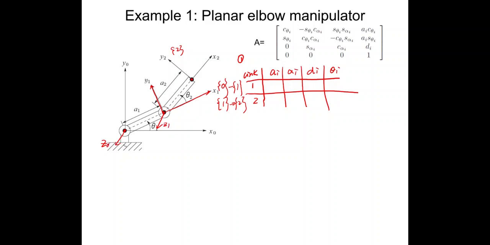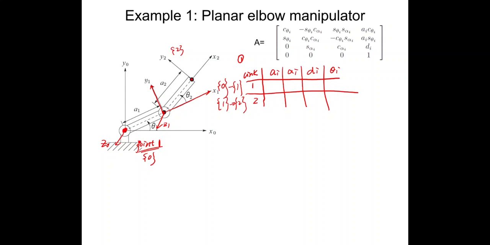Another thing I want to emphasize again is that when we actuate joint 1, we have the frame 0. This is our joint 1, and joint 1 has the coordinate frame 0.